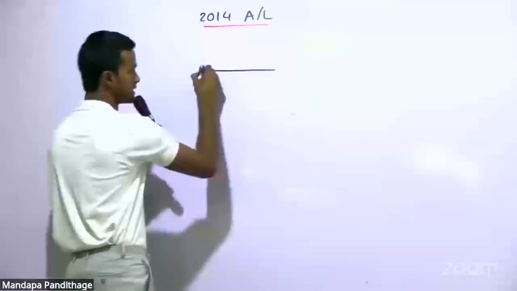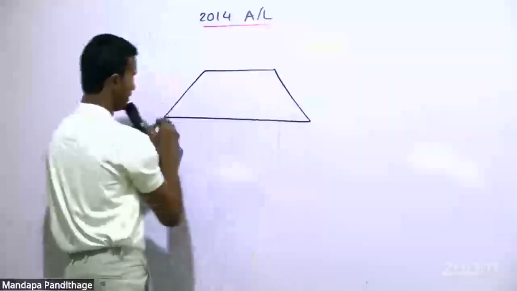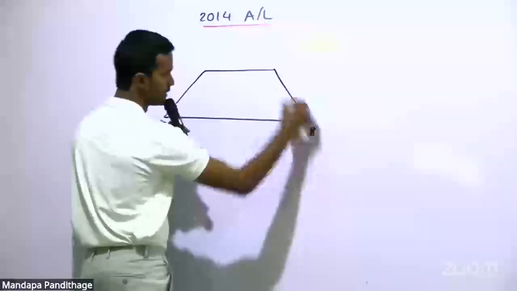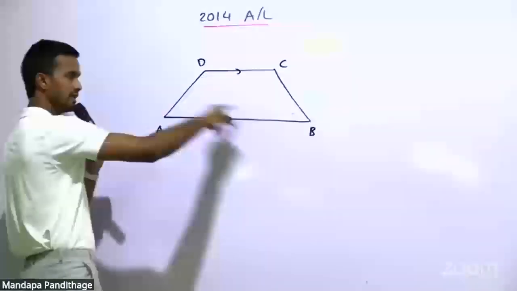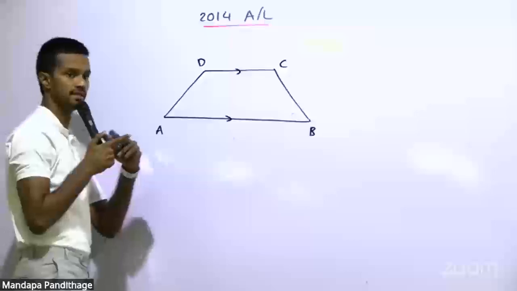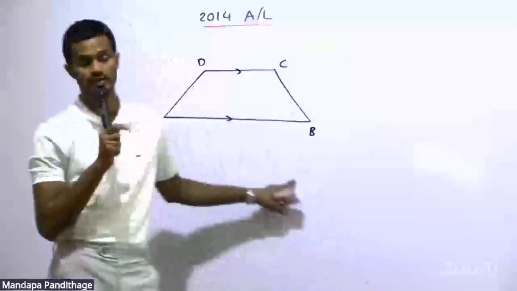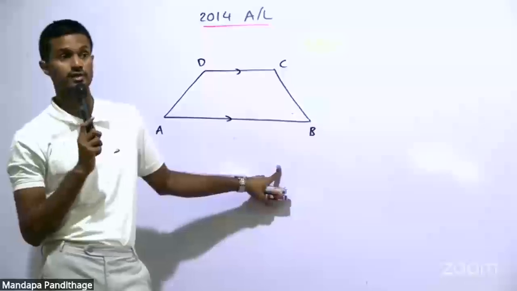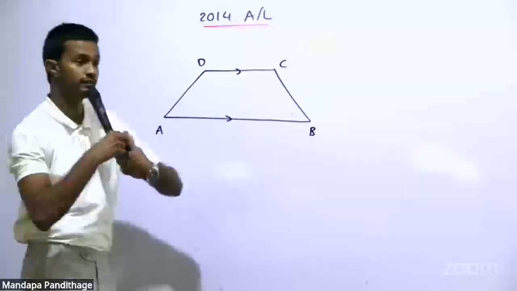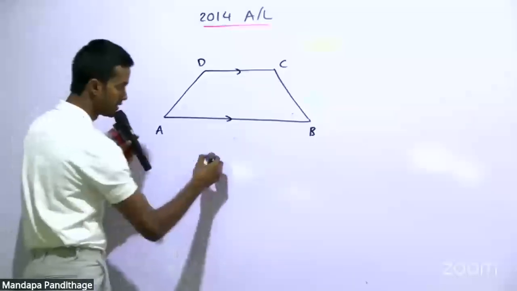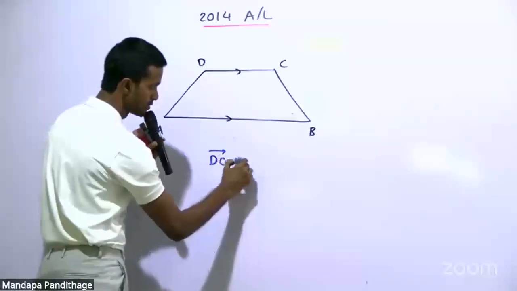So we have the trapezium in this way: A, B, C, and D. Tell me the reason why I have taken AB and DC as parallel. Read the question and tell me the reason. Because they have given that DC vector is equal to half AB.